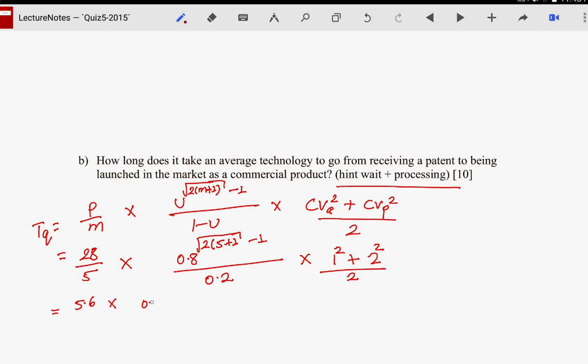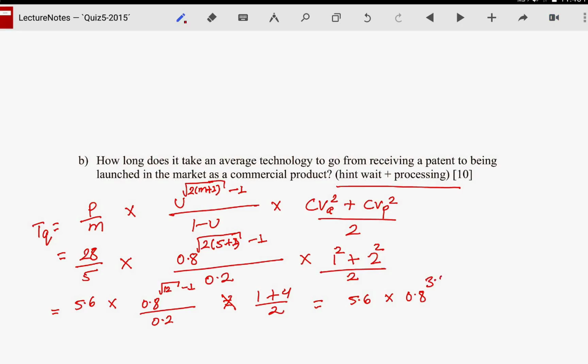Then 0.8 to the power of the square root of 12 is a little bit more than 3.3.